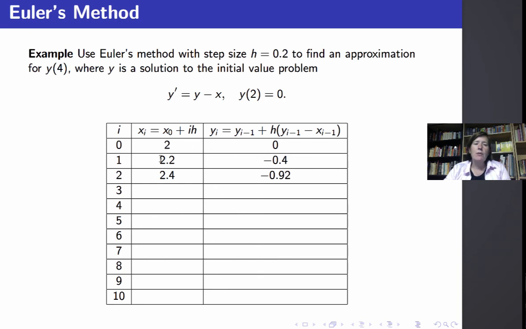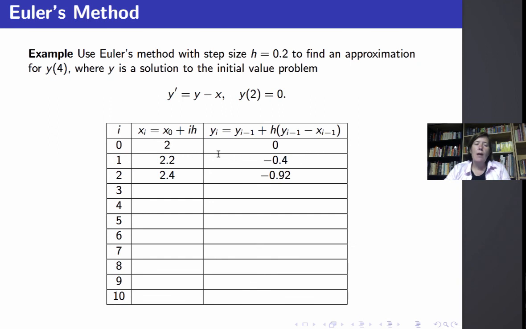And the next point is what I get by applying Euler's formula for x1, y1. x1 is x naught plus h, which is 2.2, and y1 is y naught plus h times f applied to x naught, y naught, which is y naught minus x naught.